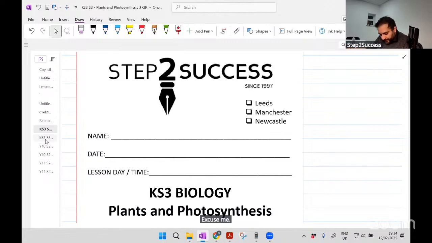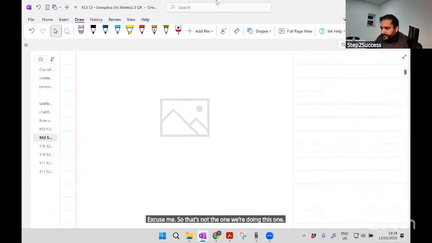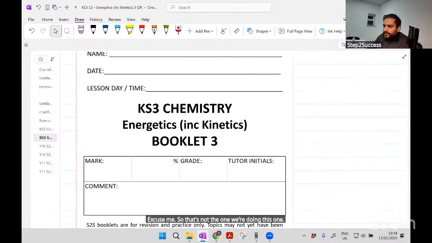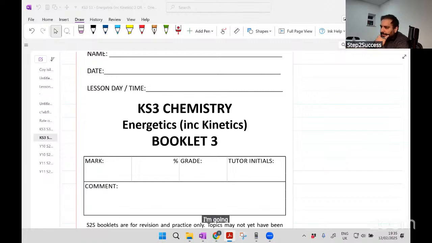So that's not the one, we're doing this one. Right, I'm just going to go back to the top. Oh, there's Le Chatelier's principle as well. Okay, I should be able to do that.